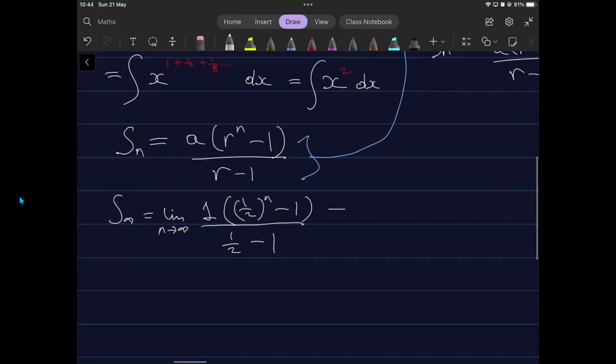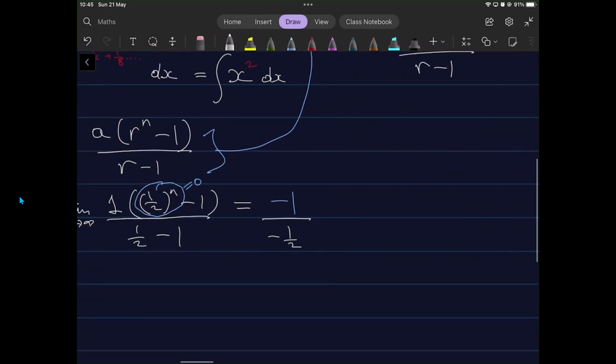And clearly, if you apply the limit to this term as n approaches infinity, this just equals 0. So you're left with 0 minus 1, which is negative 1 on the top. And on the bottom, you're left with a half minus 1, which is simply negative a half. And this is equal to 1 divided by a half, because the negatives cancel, which is equal to 2.